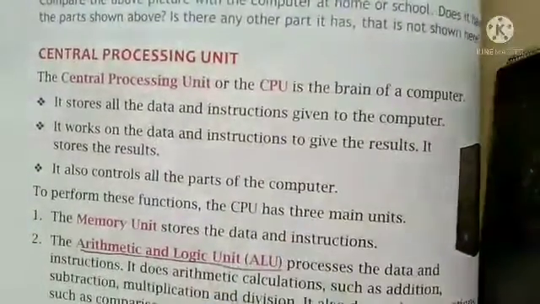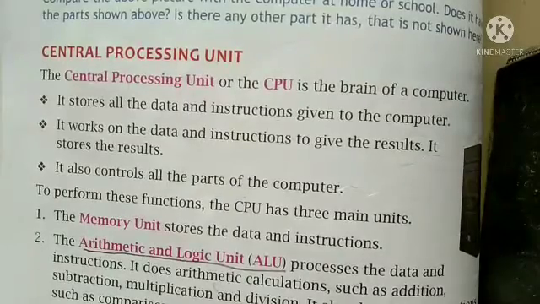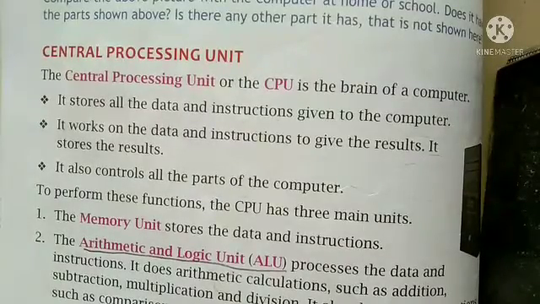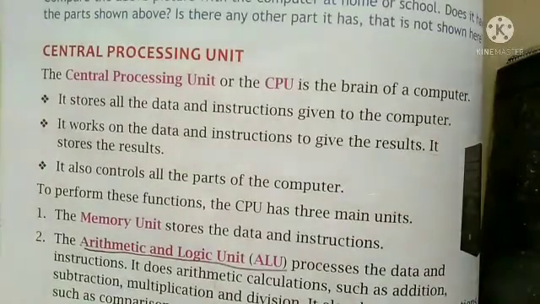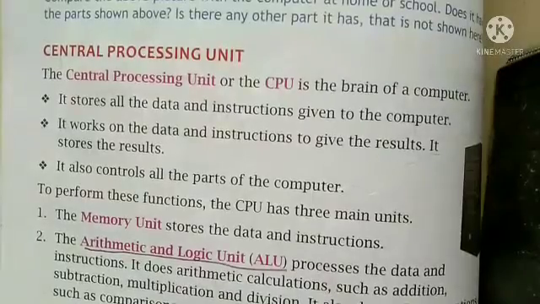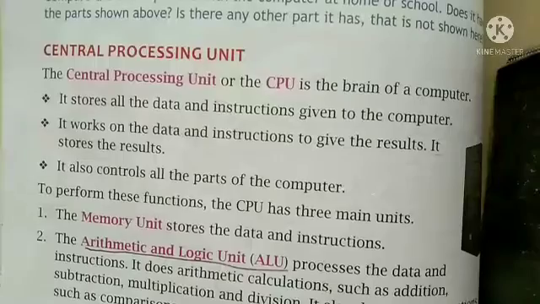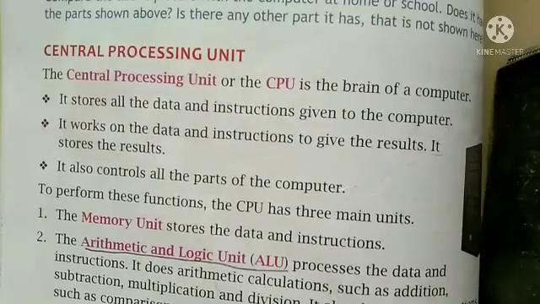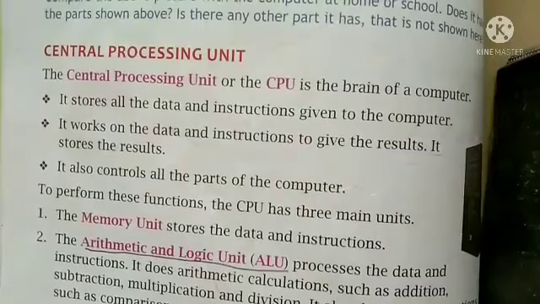Then it will work on the data and instructions that we give to a computer, and then it will give results to us. It also controls all the parts of the computer.